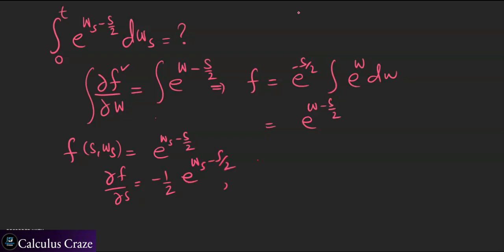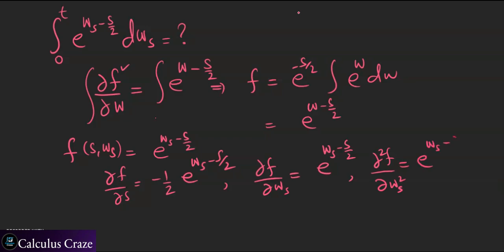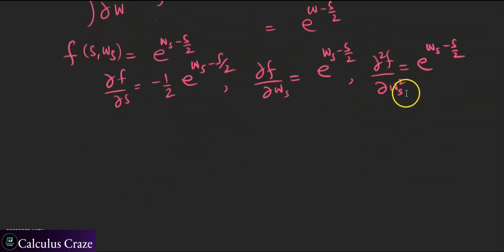Then the partial derivative with respect to w is of course e to the w sub s minus s by 2, and the second partial derivative will also remain the same, e to the w sub s minus s by 2. Some books use b sub s for w sub s, so this is just a convention.